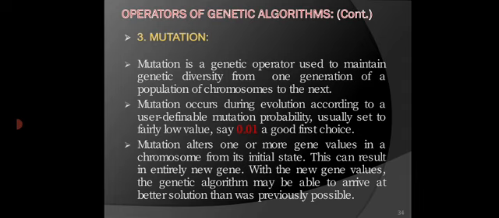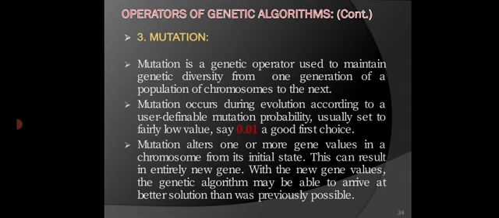Mutation alters one or more gene values in a chromosome from its initial state. This can result in entirely new genes. With the new gene values, the genetic algorithm may be able to arrive at a better solution than was previously possible. So we check, if I am changing one binary point, what will be the result?